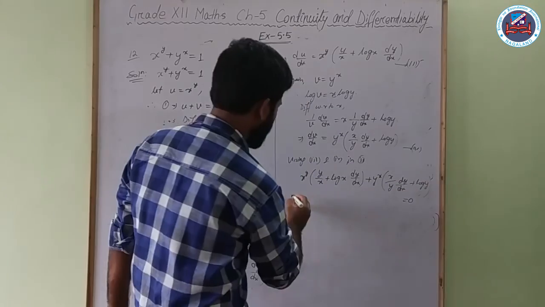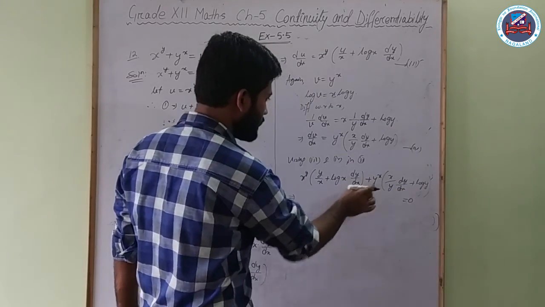to 0. This can be written as, we need to find the dy by dx, isn't it?